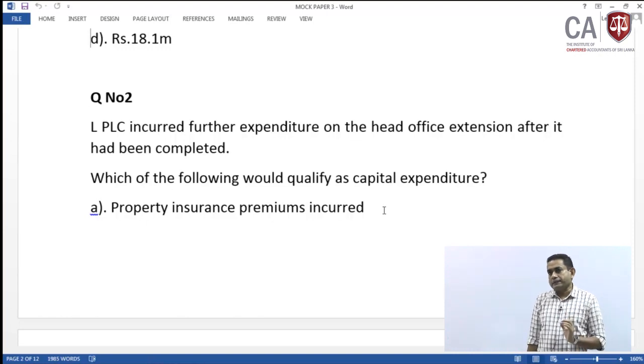You know, LKAS 16 has been very clear on the facts given. After the asset being taken to the required level, then the cost incurred further on the asset subsequently cannot be normally added to the cost of the asset. Instead, subsequent expenses are normally charged to profit and loss as just a maintenance expenditure.